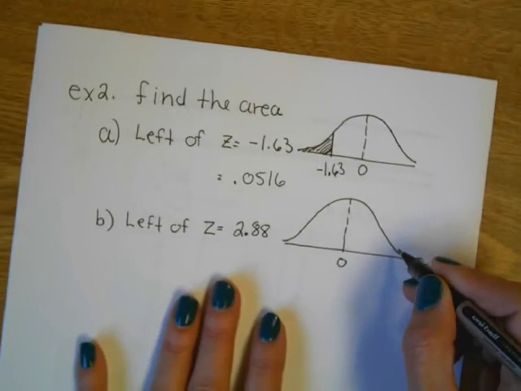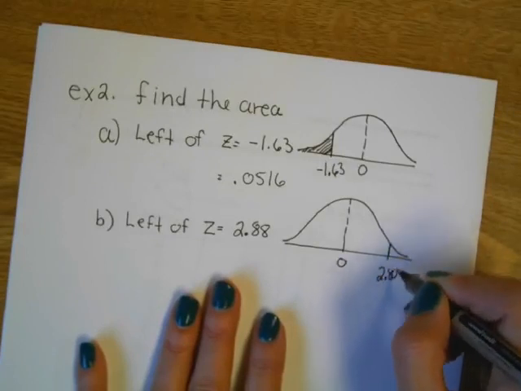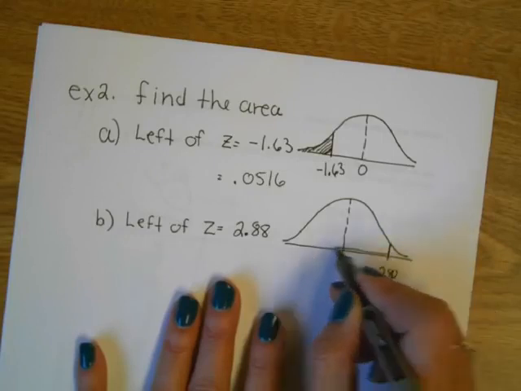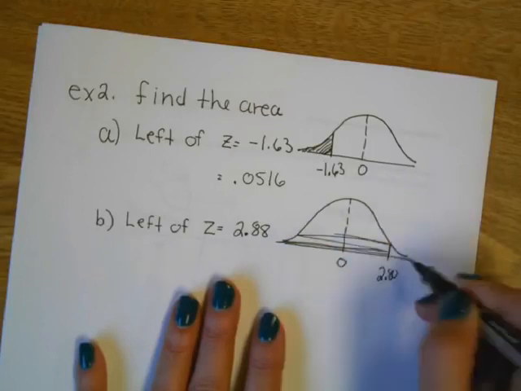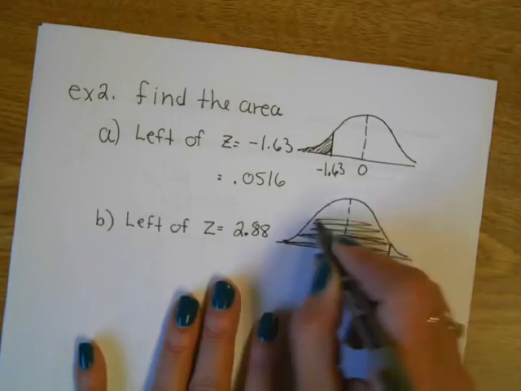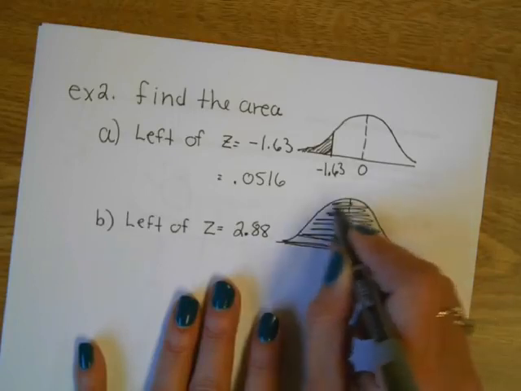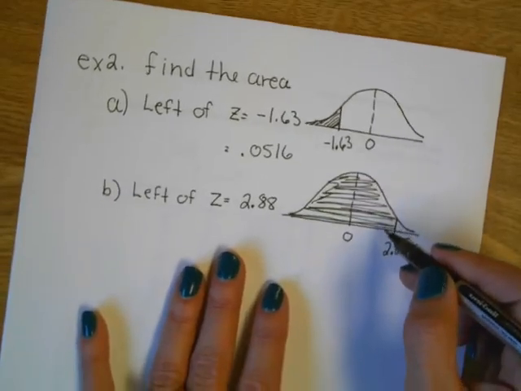It'd be way out here to the right, almost 3 standard deviations out. And I want the area to the left of it, so I'm looking for all this. It's an estimate. Just know that 3 hits right about here where it starts to tail down. So remember, it's only 1, 2, and 3 out to where it really gets close. I have most of the graph shaded. This better be a high area.